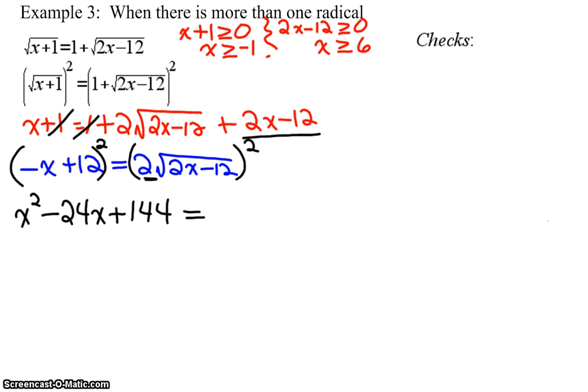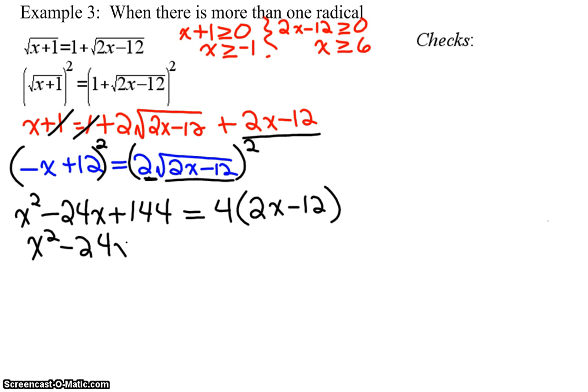On the next part, I have to square the 2 first, which is 4, and then I have to square the square root, which is just going to be 2x minus 12. Now I've got a little bit easier equation. I have x squared minus 24x plus 144 equals 8x minus 48.